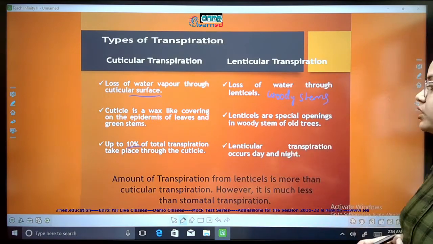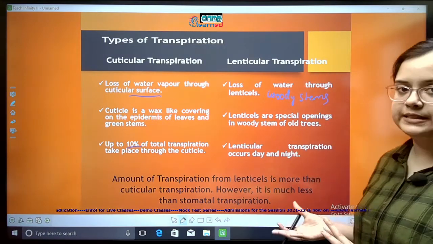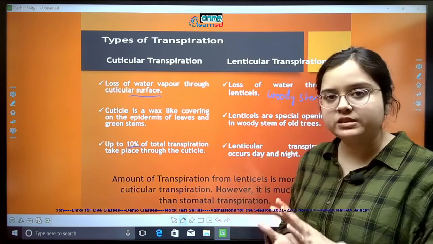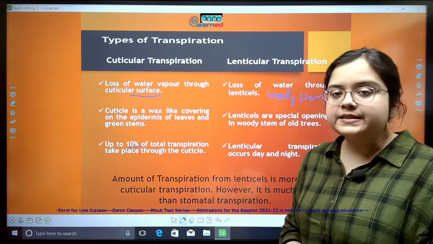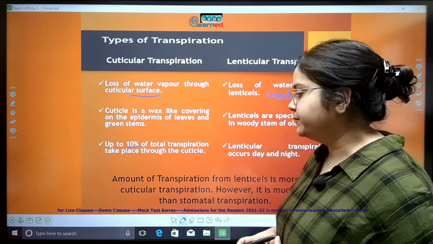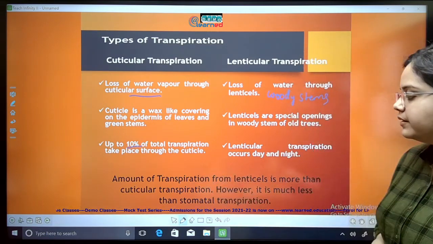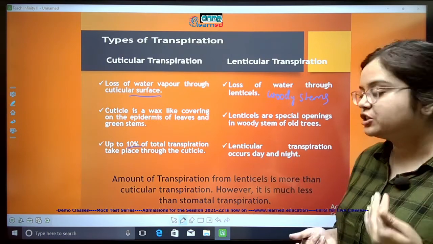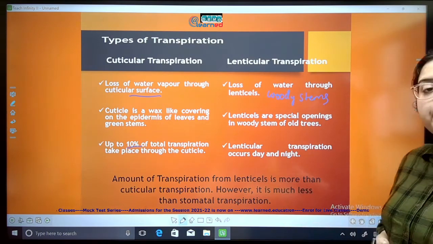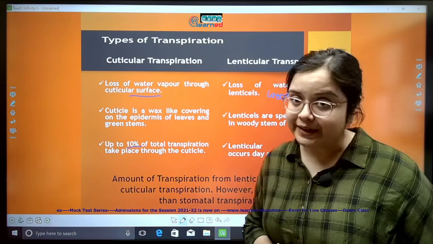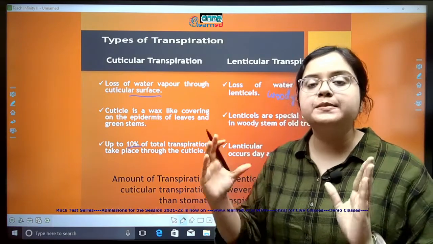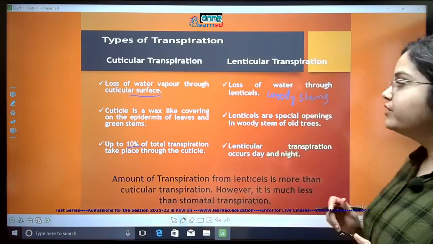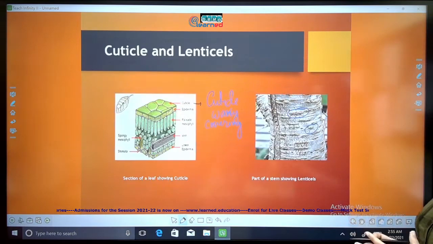So, lenticular transpiration occurs day and night. Unlike stomata which are closed at night, lenticels are always open. If you compare the two, through lenticels the transpiration amount is much higher than the cuticular one, but it is much less than the stomatal transpiration. So, stomata is the main organ through which the transpiration process takes place.